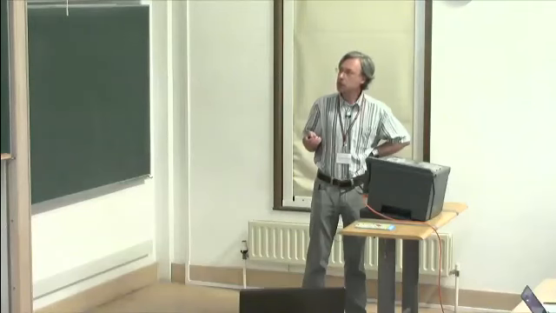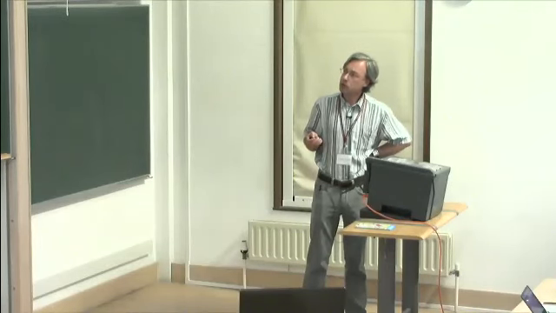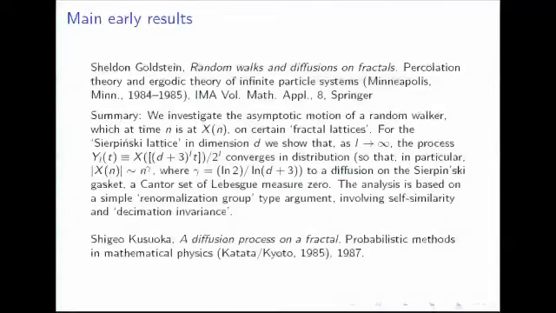After these initial physics papers, Sheldon Goldstein showed that if you take a random walk on the Sierpinski lattice, as written here, and you rescale time in some non-trivial way, then you can get a diffusion process.